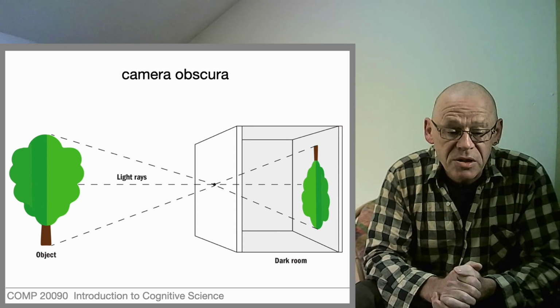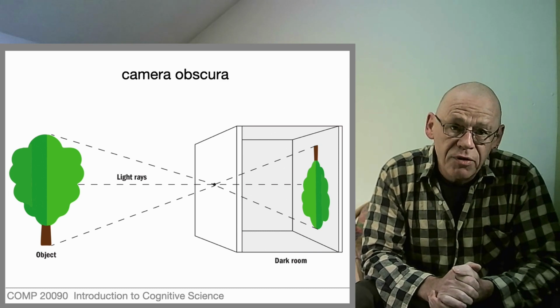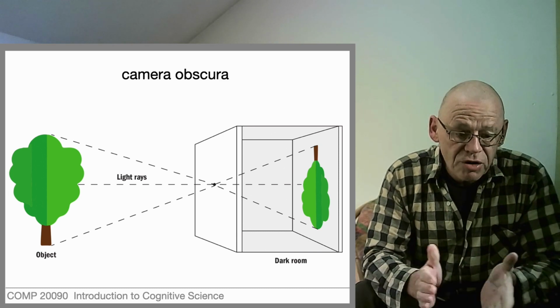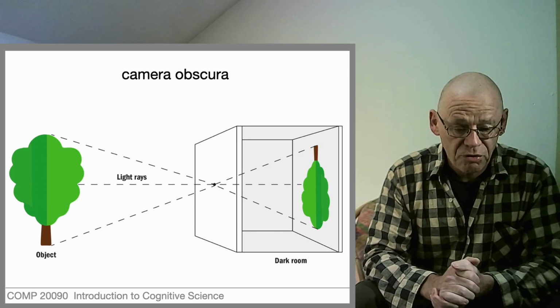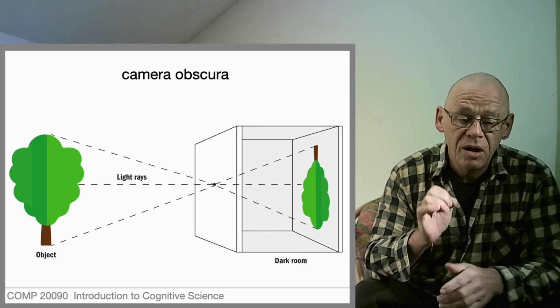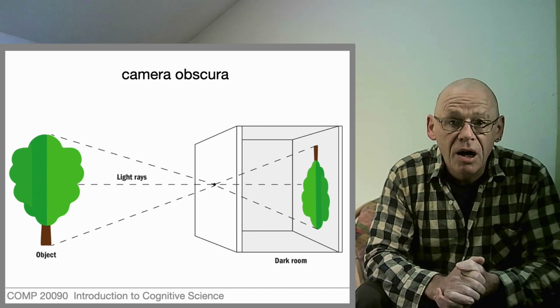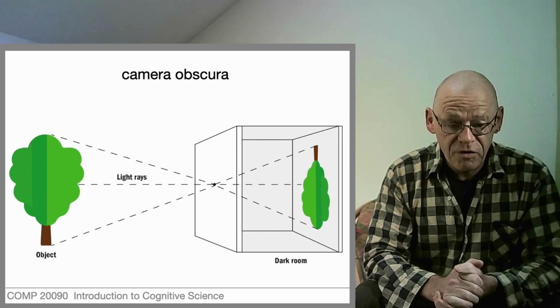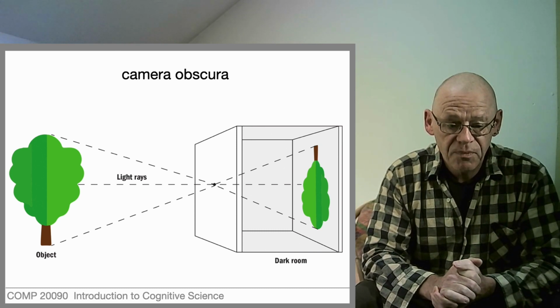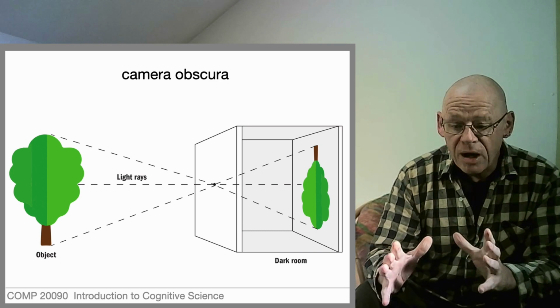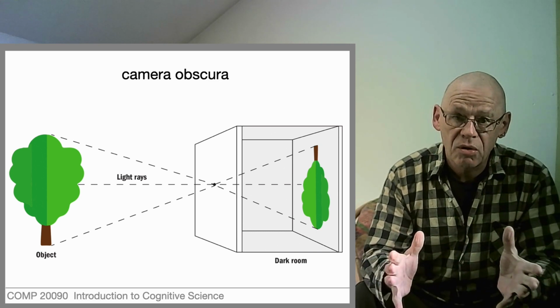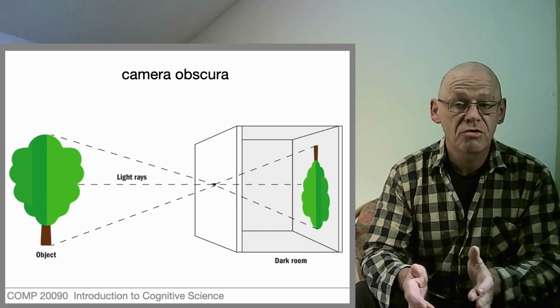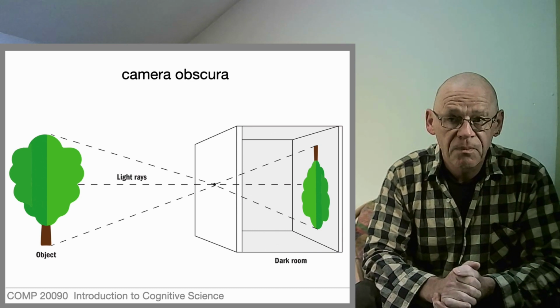And if there's light outside, light bouncing off things like this tree here will pass through this small hole, and there will be a projection on the back of the casing, which is an inverted image of what's outside. So that in your camera, the picture that is recorded is upside down with respect to what's outside.